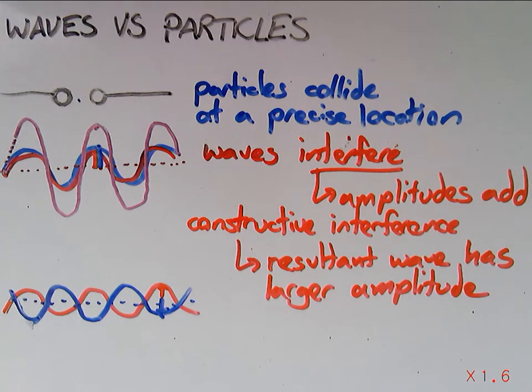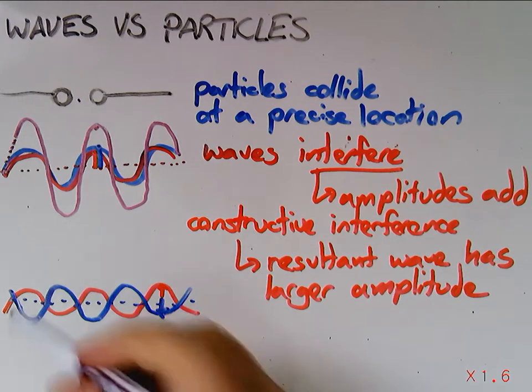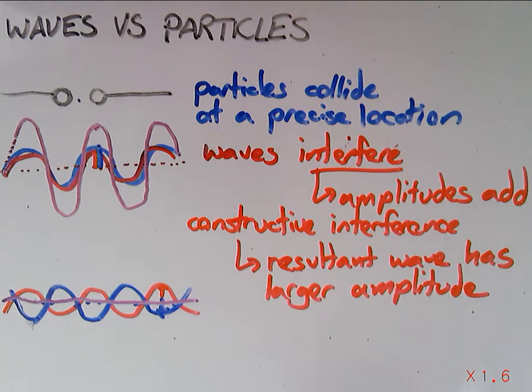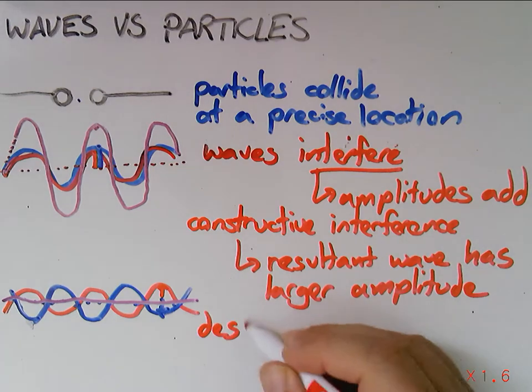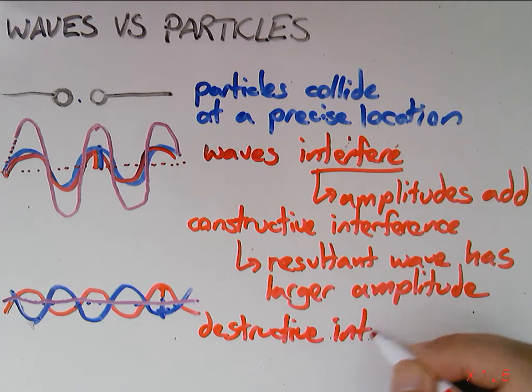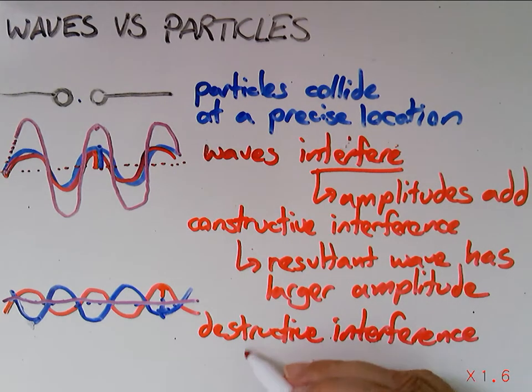The resultant wave is going to be pretty close to what the baseline is. The resultant wave would look like that. And this is a case of destructive interference. The resultant wave has smaller amplitude.